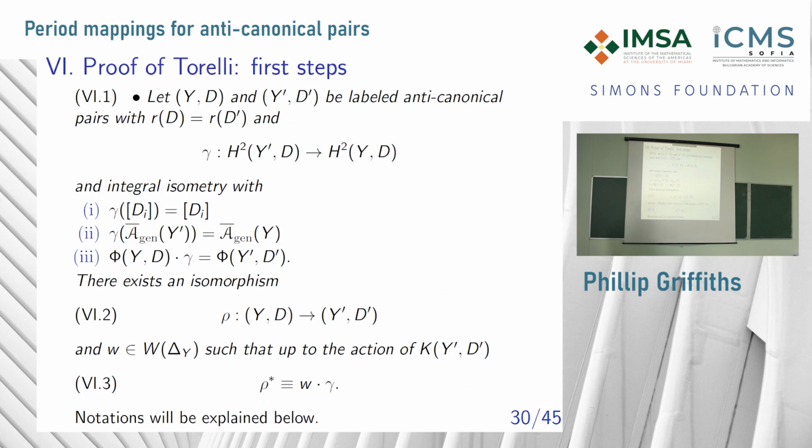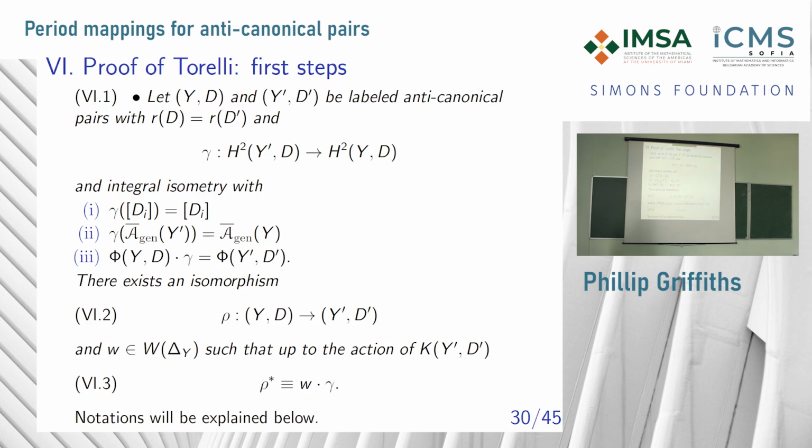So this now brings us to the proof of Torelli, the first steps. This is just a restatement of the theorem. Two labeled anti-canonical pairs, isomorphism of the second cohomology. Yes, that should have been in the original statement, the second cohomology of the pairs. I'm sorry, this one here should just be Y prime and Y. And the pairs map to Gamma of D prime as D. So it's again a typo.